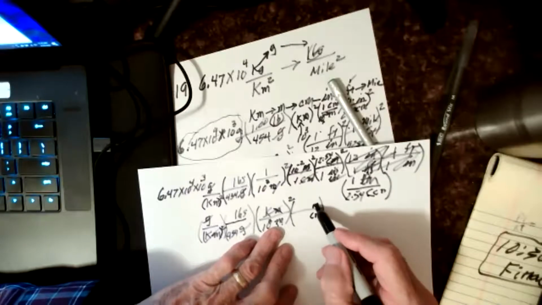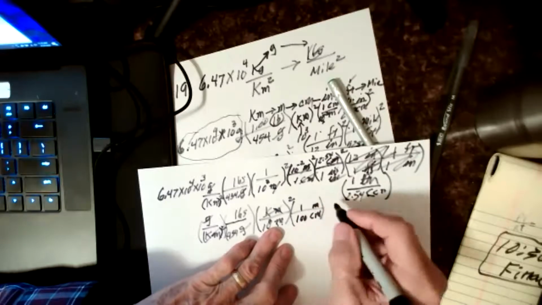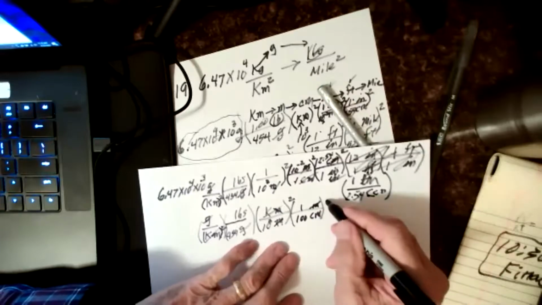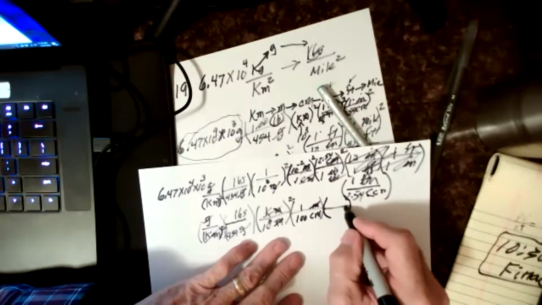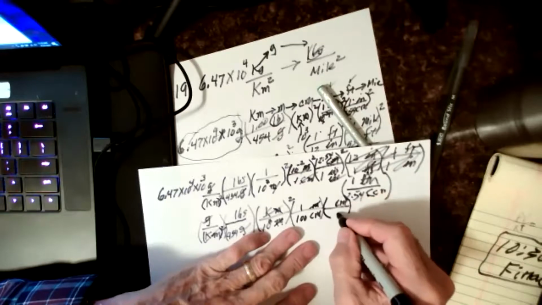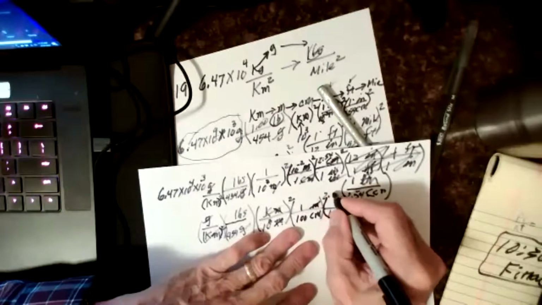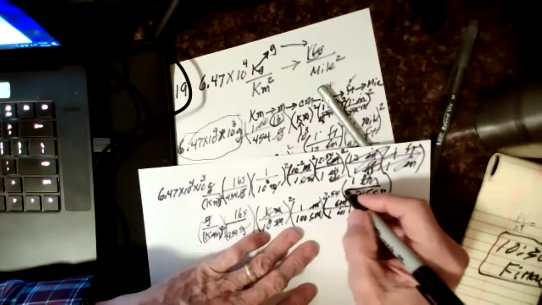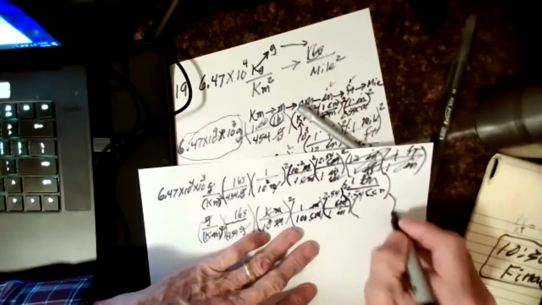Getting rid of meters to centimeters, there's 100 centimeters in 1 meter. Now meters are gone, and I've got centimeters. Now I'm going to go from centimeters to inches. 1 inch is 2.54 centimeters. Now I've got centimeters gone. This factor is squared. Don't want to forget that.